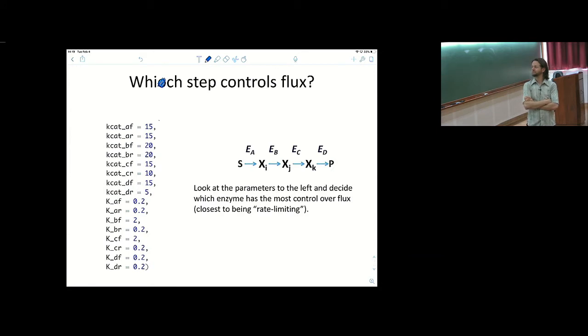All right. Who's the rate limiting one? What should I be doing when I look at those numbers to figure out which one might have the most control over setting the pace, or be the only one in control? Lowest value.